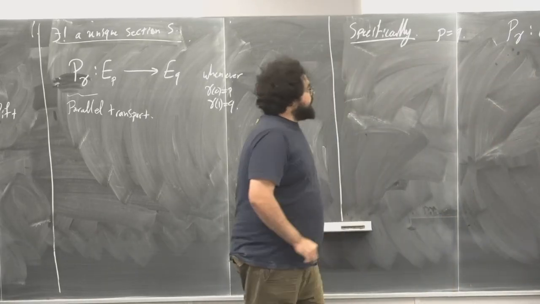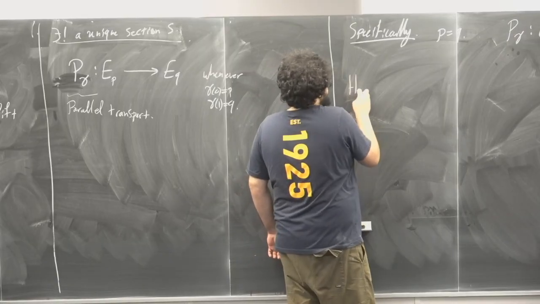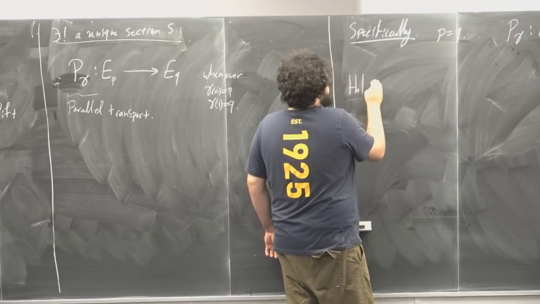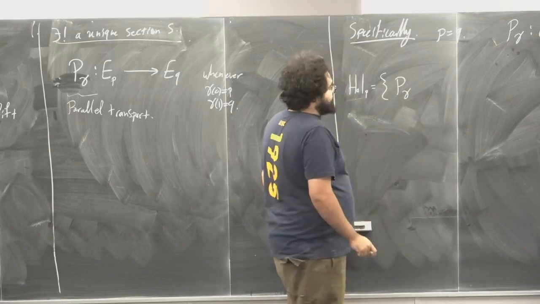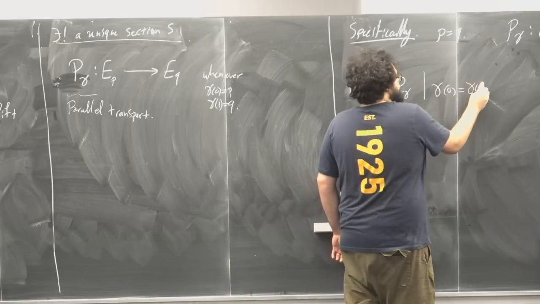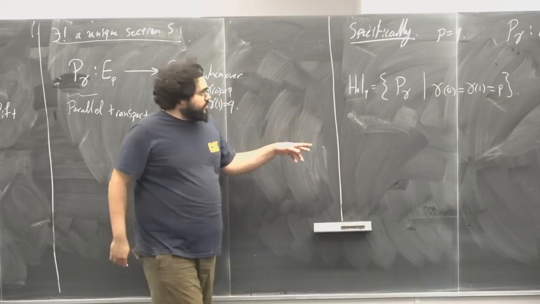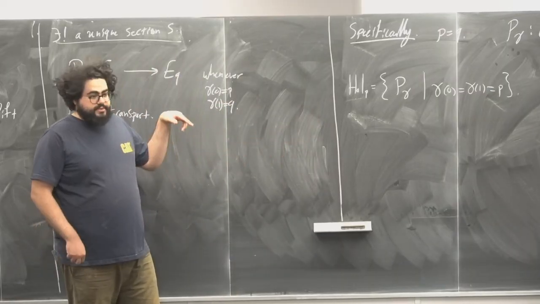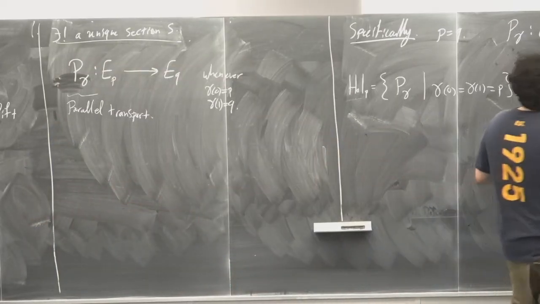These do form a group, which we'll call Hol P. These are all these P gammas for curves gamma that have gamma of 0 equals gamma of 1 equals P. These parallel transports all start and end at P, and they form a group called Hol P.